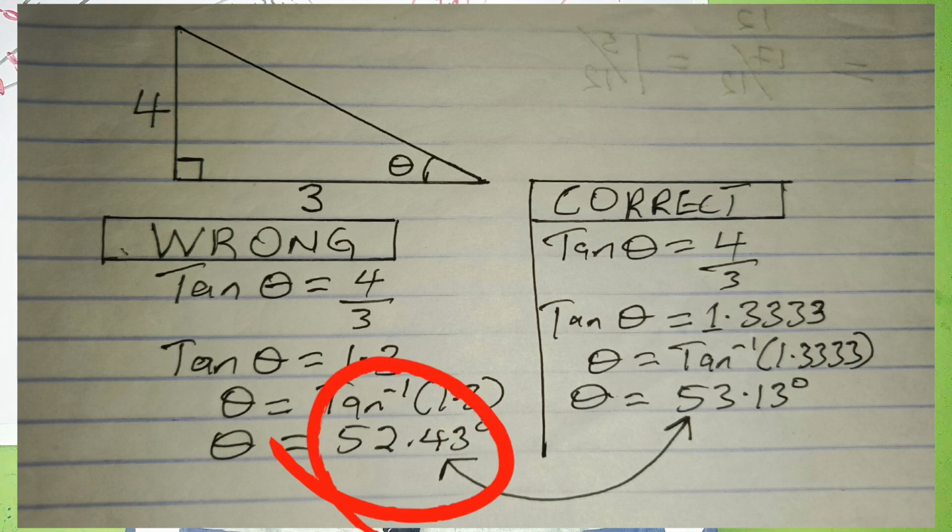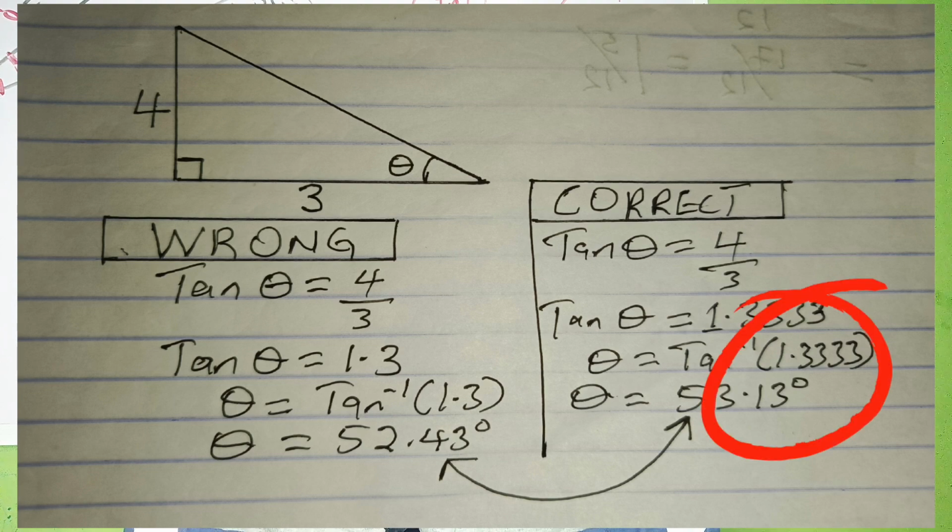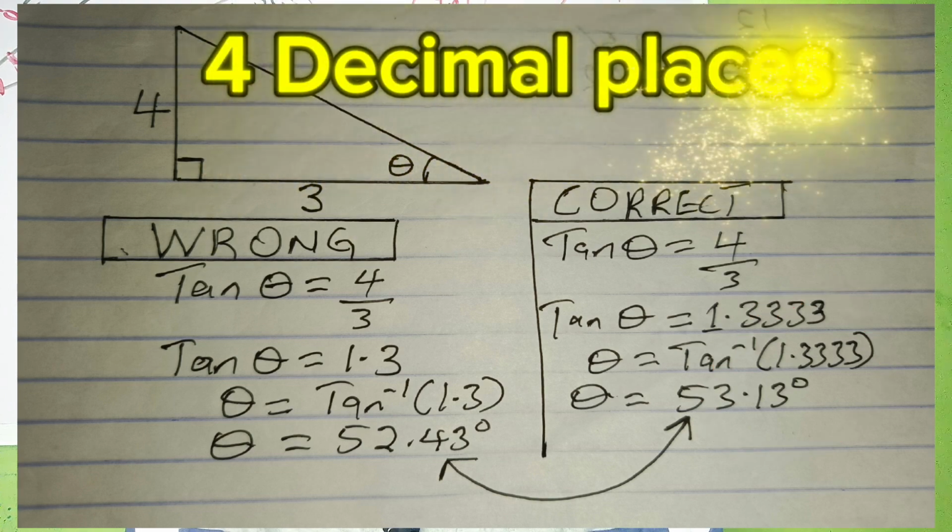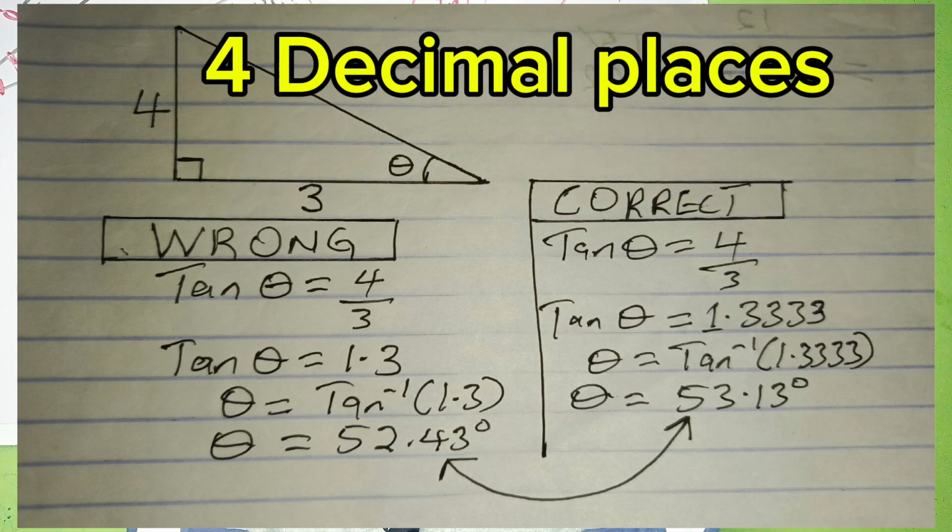Let's look at the second one, which is the correct version. Tan theta is equal to 4 over 3, and later tan theta is equal to 1.3333. That's in 4 decimal places. Normally, if you have not gotten to the final answer, you should always let it be in 4 decimal places.